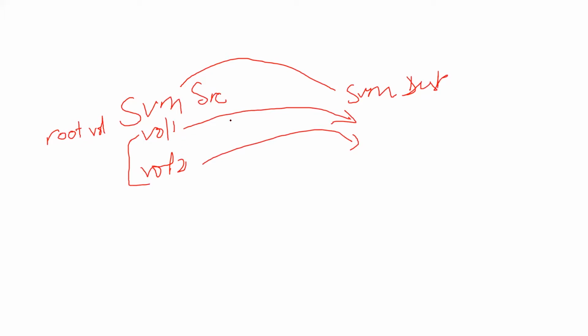So you have replicated the volumes with the data, but tomorrow, if anybody tries to connect here, they will use the same path: root volume and then volume one, maybe volume two was under volume one. How would they come in and access this if tomorrow there's a problem and this fails? So it is good practice to always mirror the root volume to the destination, and the type of mirroring used for that is called load sharing.